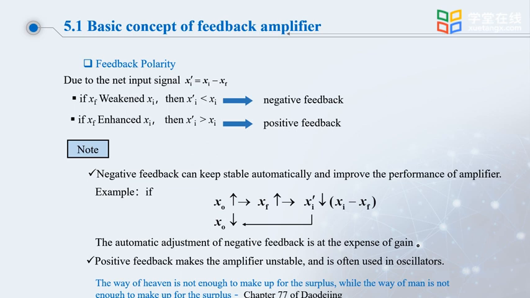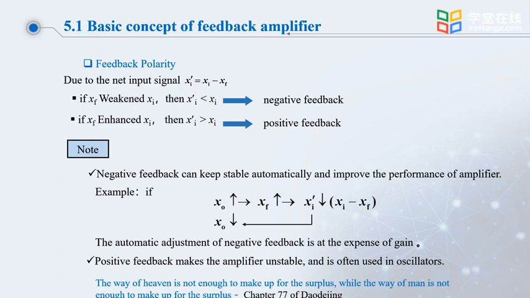The signal acting on the basic amplifier is called the net input signal, which equals the initial input signal Xi minus the feedback signal XF. If XF weakens the input signal, making the net input signal Xi' smaller than the input signal Xi, we say it is negative feedback. If the role of XF makes the net input signal Xi' greater than the input signal Xi, we call it positive feedback.